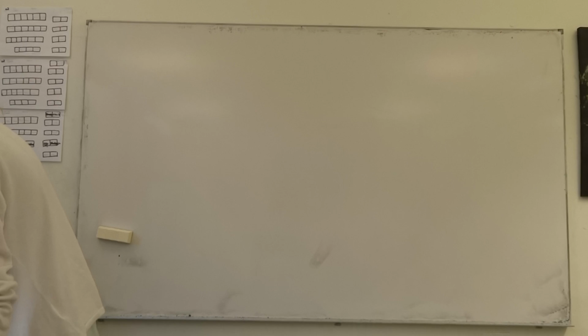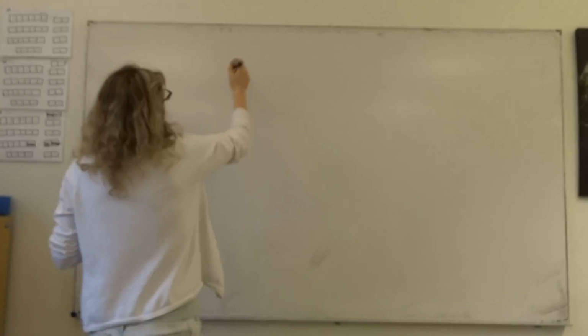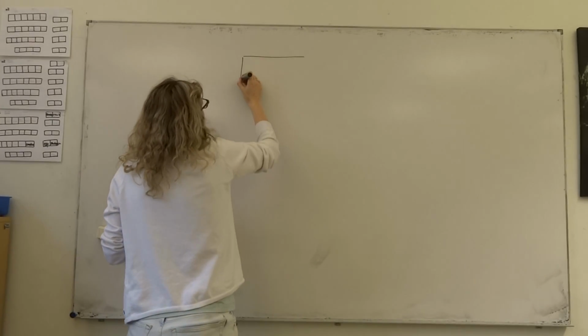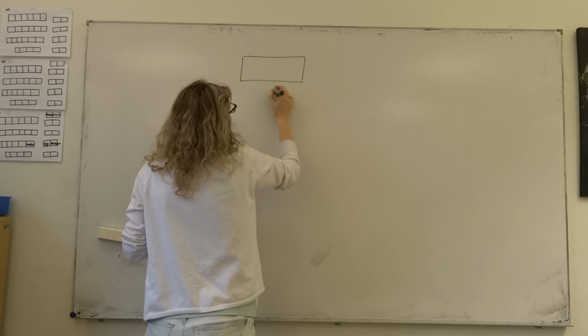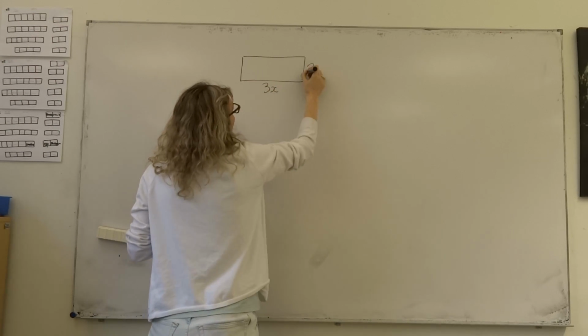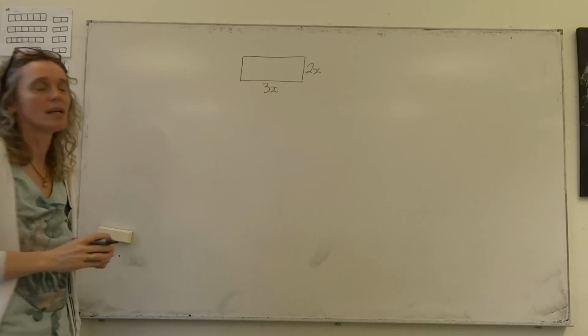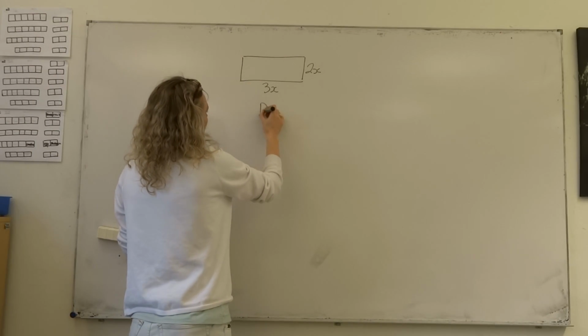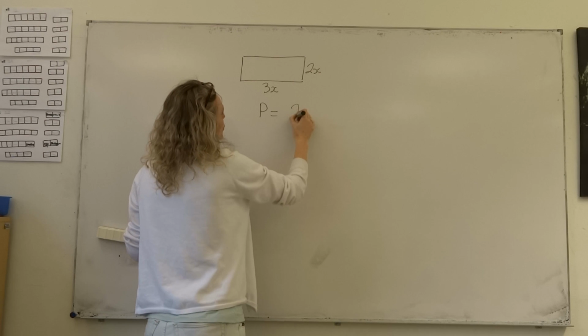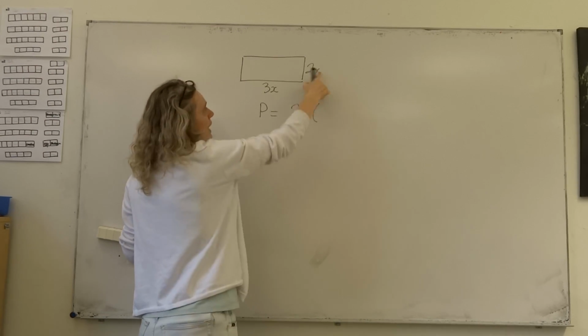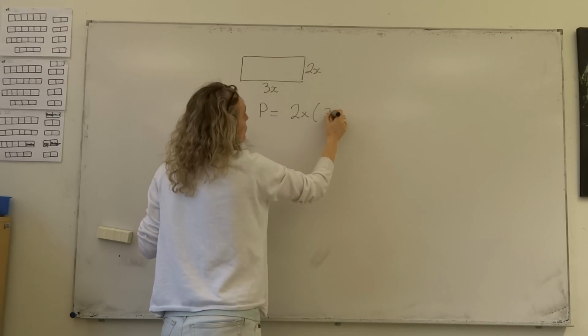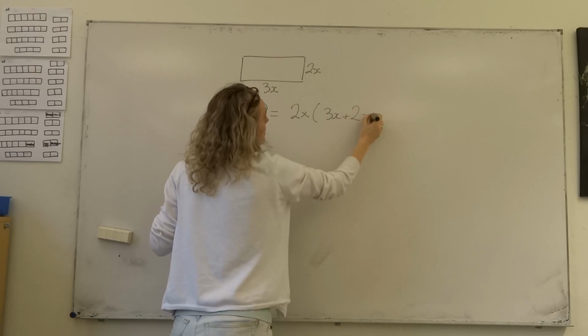Then we have a rectangle. And what we know is that the length is 3x and the breadth is 2x. And they would like us to express the perimeter. Well, we know that the perimeter of a rectangle is 2 times the length plus the breadth, which is 3x plus 2x.